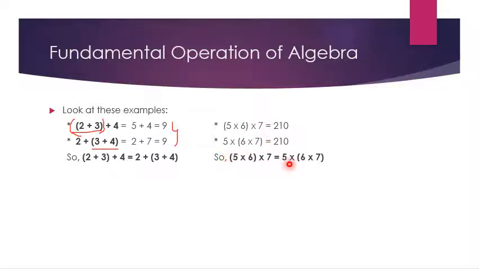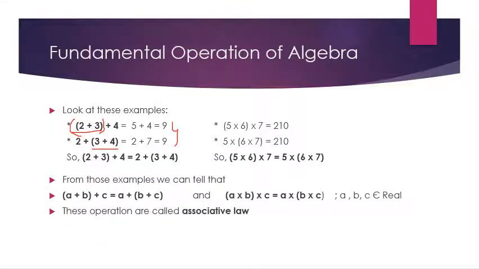So these two examples are a form of the association law. From this, we can tell that for any numbers A, B, or C, when you put them inside a bracket and change the position of the bracket, it will be the same, whether it's addition or multiplication, where A, B, and C are elements of real numbers.